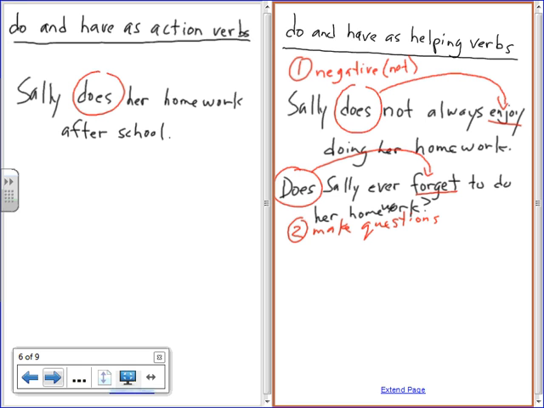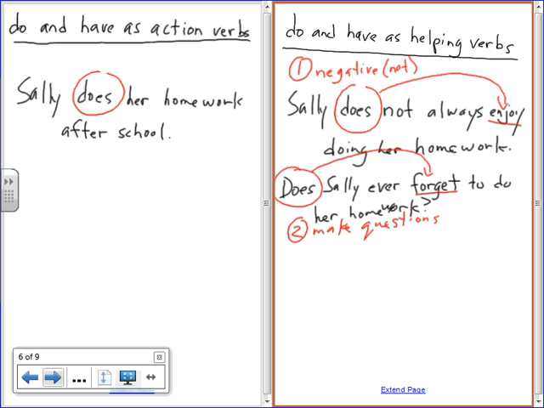There is a third way that we use do, does, and did as helping verbs. And this is for emphasis. For instance, let's say that Sally's father, Ken, is defending Sally against accusations that Sally sometimes forgets to do her homework.